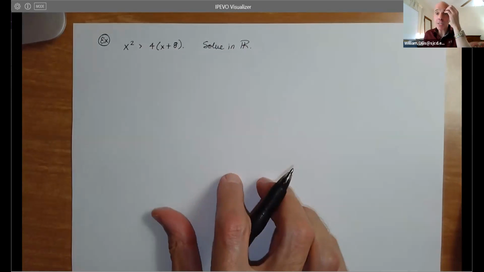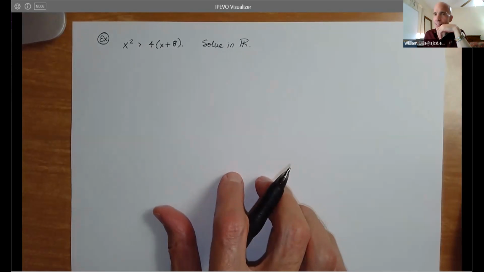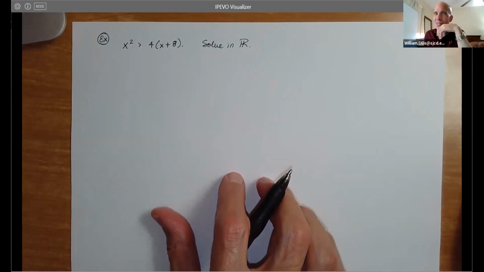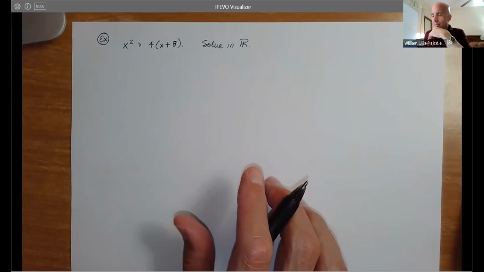Now, notice in this particular problem, we could try to do a case analysis, but that's a little bit difficult here, and we may end up with a couple of inequalities that we need to solve.